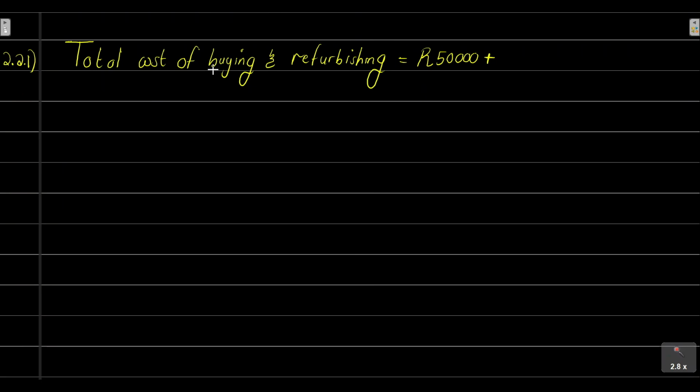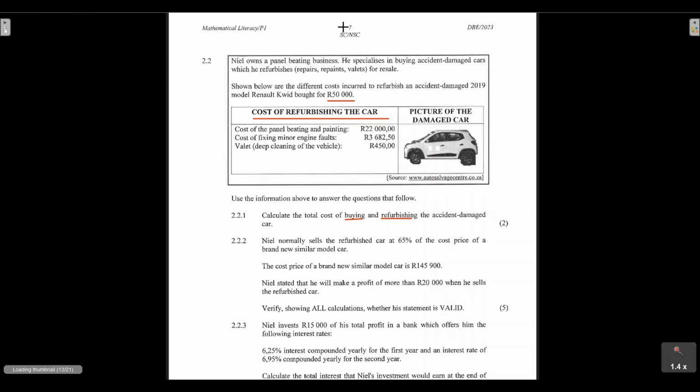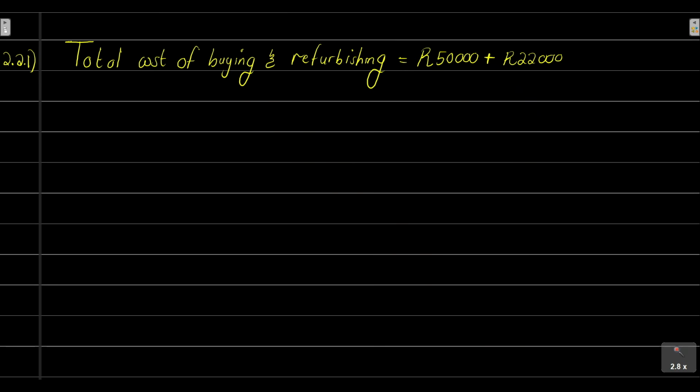So the total cost of buying and refurbishing the accident damaged car is the 50,000 plus the 22,000 for the panel beating and the painting, plus the 3,682 rand and 50 cents for fixing the engine, plus the 450 for the valet.